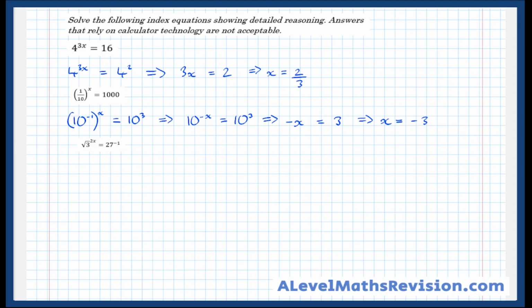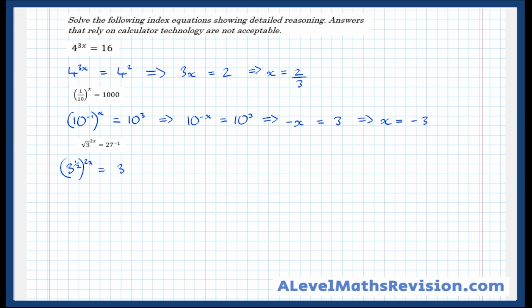Another example, pause if you want to give it a go. We've got root 3 to the power of 2x is 27 to the minus 1. Both sides can be written as powers of 3. So root 3 would be 3 to the power of a half, which is currently raised to the power of 2x also.